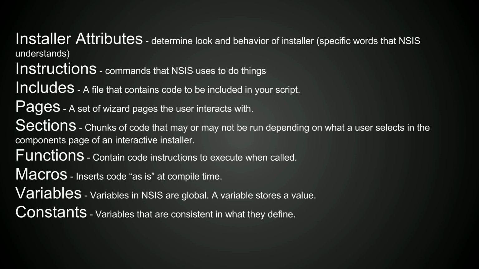Macros are very similar to functions, except a macro is generally defined in a different file. It's generally something that would come included in an include. And a macro basically inserts code into your script at compile time. And it inserts it as is. So it's almost like copying and pasting that chunk of code into your script.